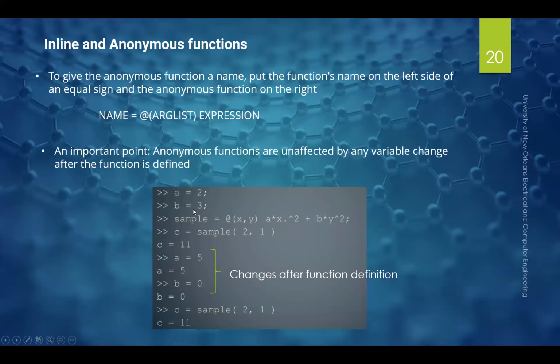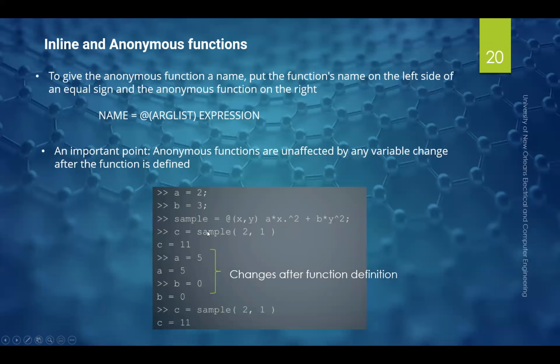In this case, a and b have already been defined as 2 and 3. So as you can see here, when you call sample, this is the argument list you're going to pass. In this case, you have 2 and 1, okay? This means x equals 2 and y equals 1, right?